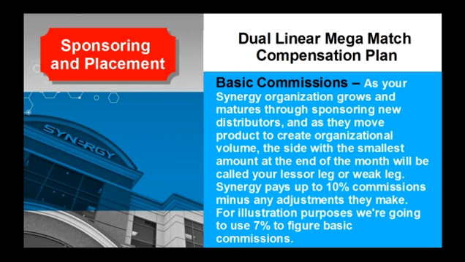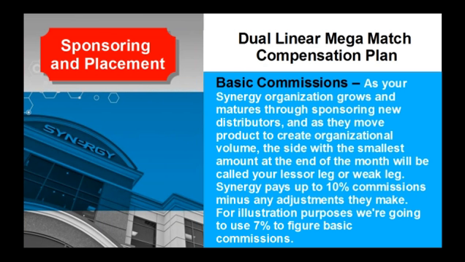And understanding the basic aspect of what we call basic commission, at the end of the month, the side, left or right, that has the smallest amount of volume is called your lesser or weak leg, and Synergy pays you basic commissions on that. Synergy will talk about in their policies and procedures that it's 10% commission minus adjustments.